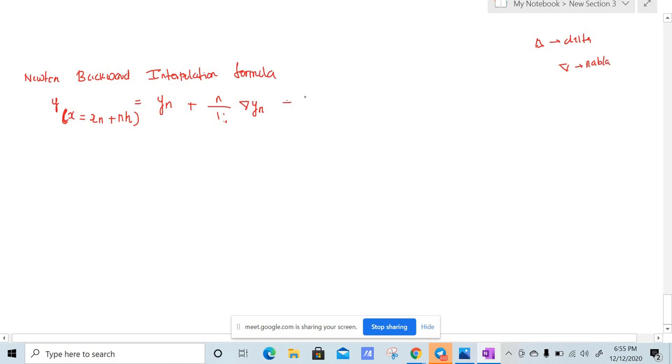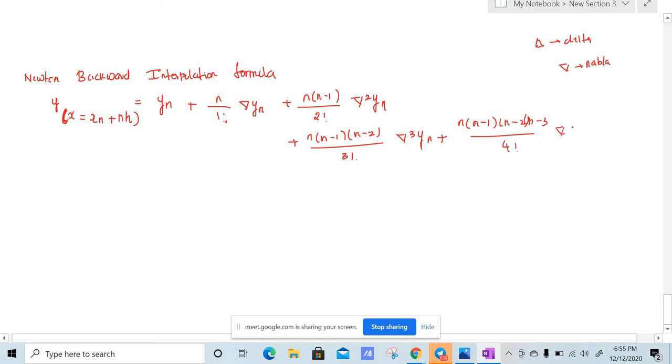So nabla yn plus n into n minus 1 by 2 factorial, nabla square yn, same, right? n into n minus 1, n minus 2 by 3 factorial, nabla cube yn plus n into n minus 1, n minus 2, n minus 3 divided by 4 factorial, nabla power 4 yn, and so on.